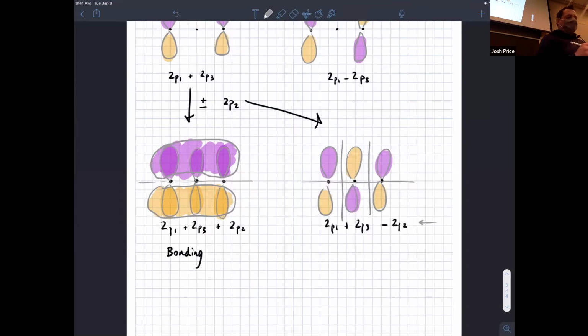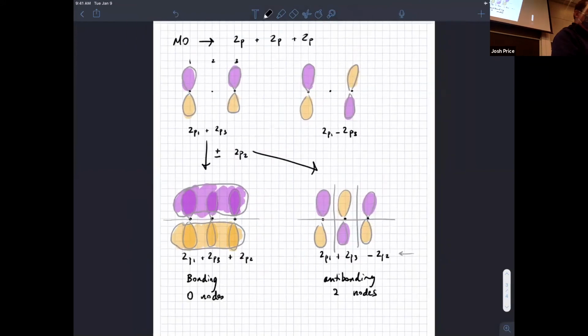And in this orbital, there's no electron density in between the atoms. And so this is going to be an anti-bonding orbital. Okay, 0 nodes, 2 nodes.